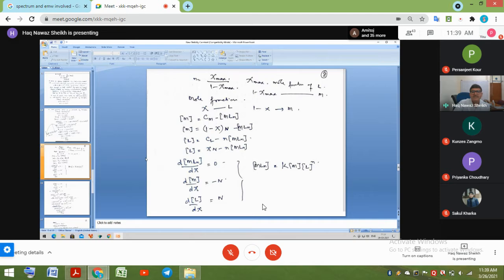Again, we'll use the same principle: the change in concentration of the complex with respect to the mole fraction remains zero at the top of the curve, because the slope is zero.